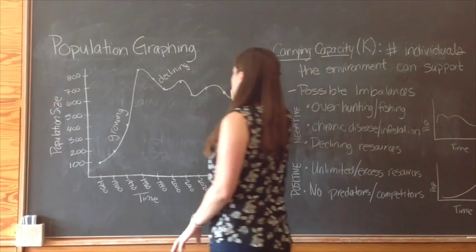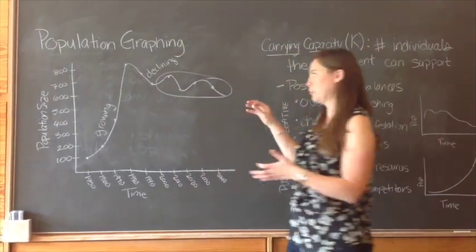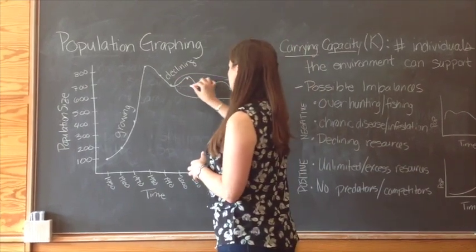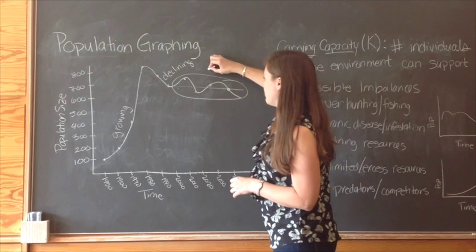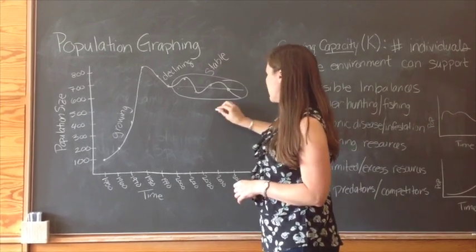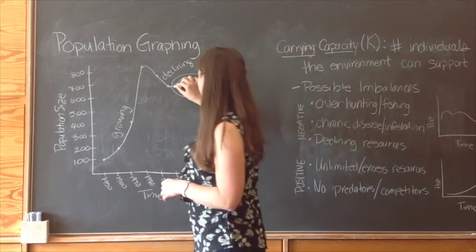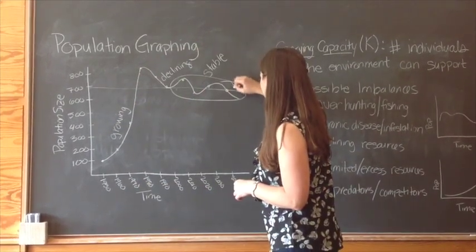And then over here, where the slope of the line kind of evens out, it goes back and forth, but it evens out around this area. This is a stable population. And this is what we call our carrying capacity. So our carrying capacity for this population is about 700.